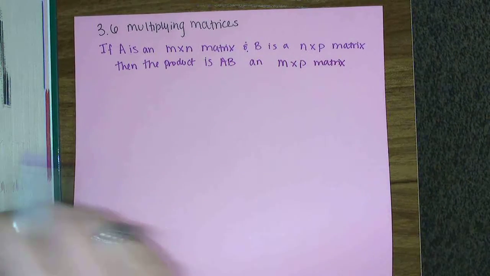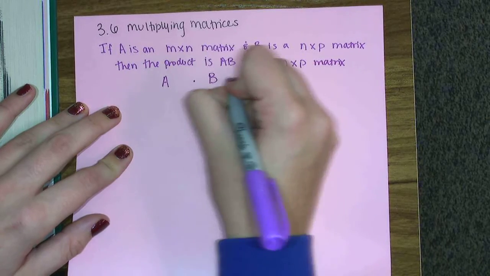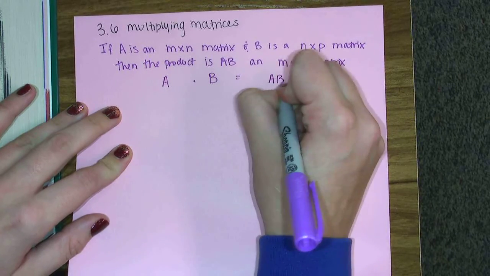Okay, so what we have is A times B is equal to AB.